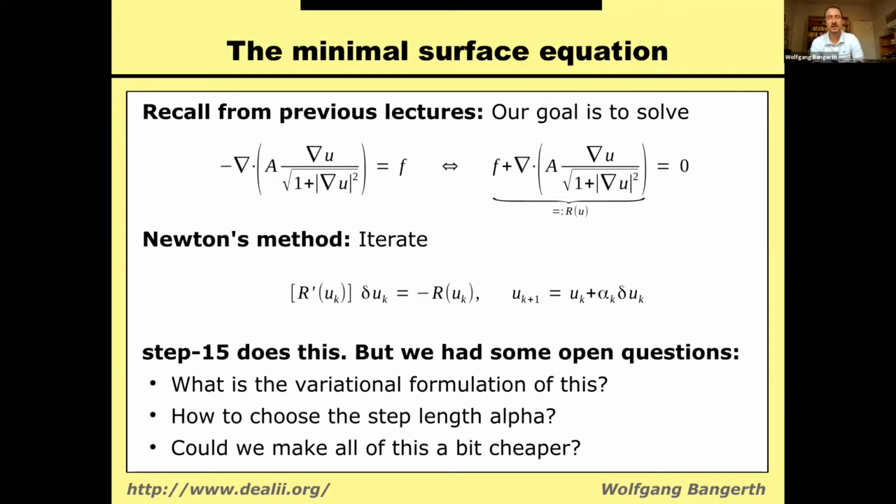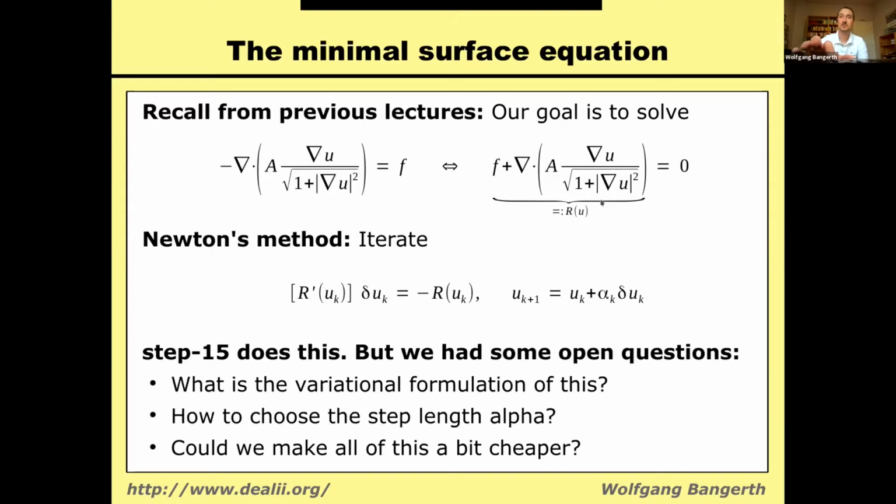So in step 15, what we want to do is solve this sort of equation here. So minus divergence, some constant and material parameter, gradient u over square root of 1 plus gradient u squared, equals f. And it's pretty obviously nonlinear. The way we think of nonlinear problems is that we bring everything to one side.